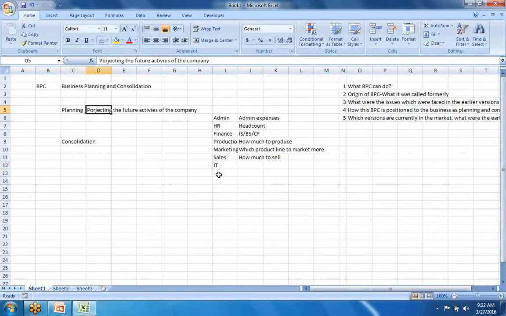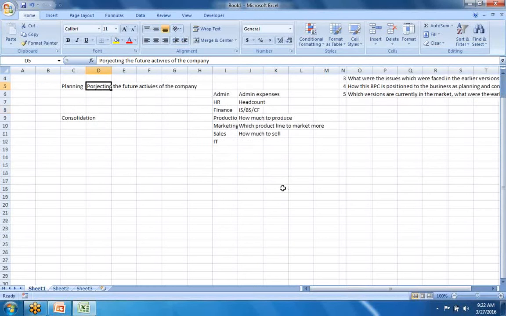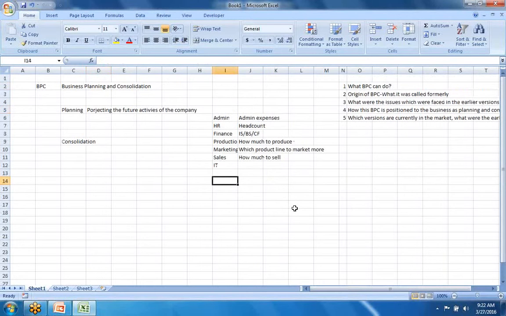So when I say planning, it's projecting the future activities of the company. Let us understand it with an example. I am a mobile manufacturer and I manufacture and sell 10,000 units of my product yearly. Because of market intelligence, the internal sales force, and some research reports, I came to know that I'll be able to sell 30,000 units of product in different geographies like APAC, AMNA, and Europe.